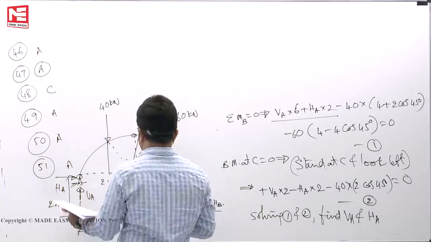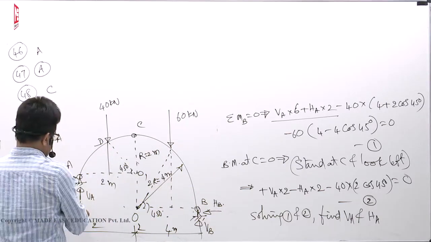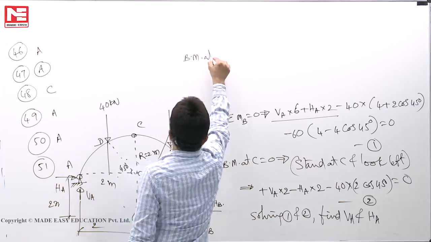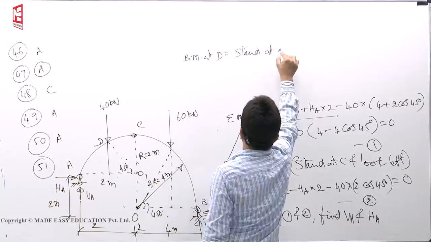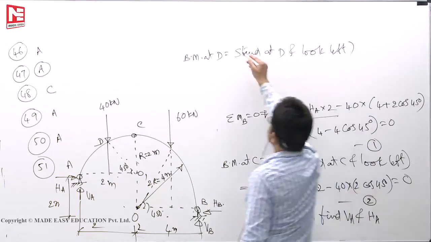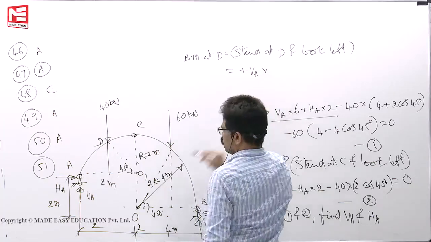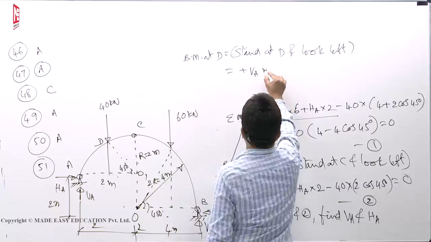The bend moment at D. D is here. So once VA and HA are known, bend moment at D is equal to: stand at D and look left. How much will you get? Plus VA into, here to here, 2 minus 2 cos 45.